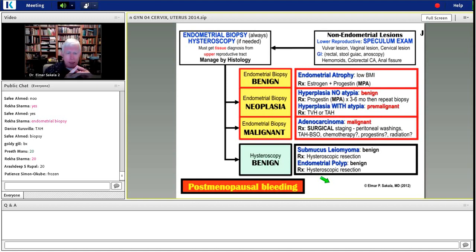If a diffuse lesion is present, you will pick it up no matter where you go. But if it is localized, such as a submucous leiomyoma or endometrial polyp, you will have a negative endometrial biopsy, and that's when you need to do the hysteroscopy. So endometrial biopsy, always you start with that, and then hysteroscopy.